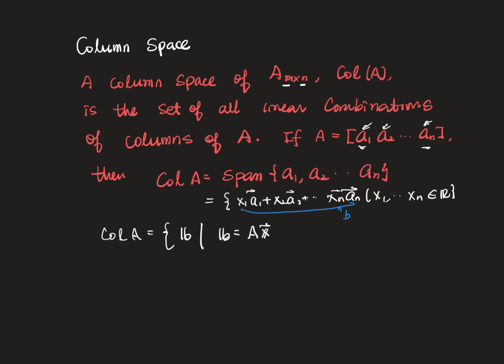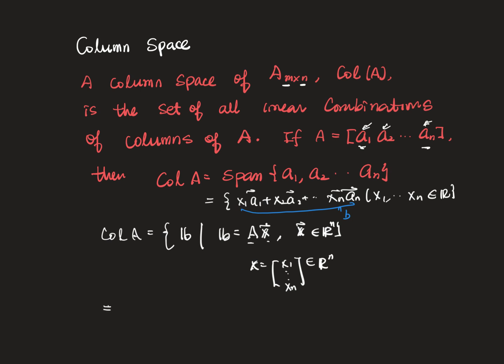The X vector is going to be x1 to xn, so this one is in Rn. So that's another way you write the column space of A: the linear combination of the columns of A, or matrix A times the X vector. That's also the column space, guys.